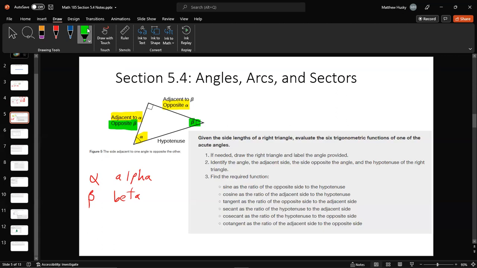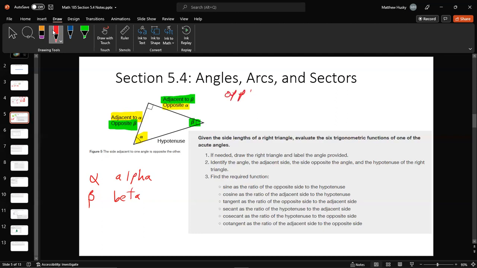And the one that's next to beta is this one right here. So depending on which angle you're talking about, the opposite and the adjacent can change. That's the takeaway from this. Opposite and adjacent depend on which angle you are referring to.